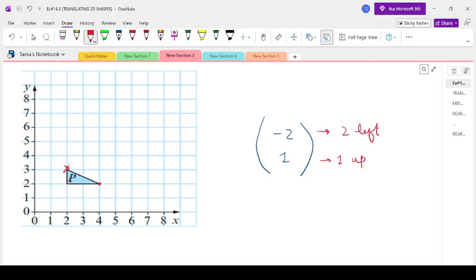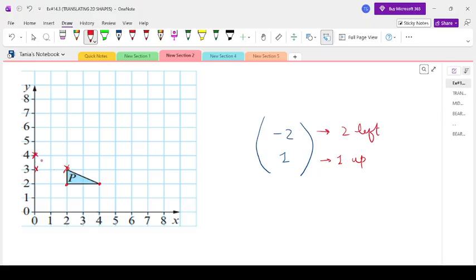Then this point must be shifted 2 to the left, 1 and 2, and then we have to move 1 up. Then this will be the translated point here. Then we have this point, which is 2 to the left, 1 and 2, and 1 up.